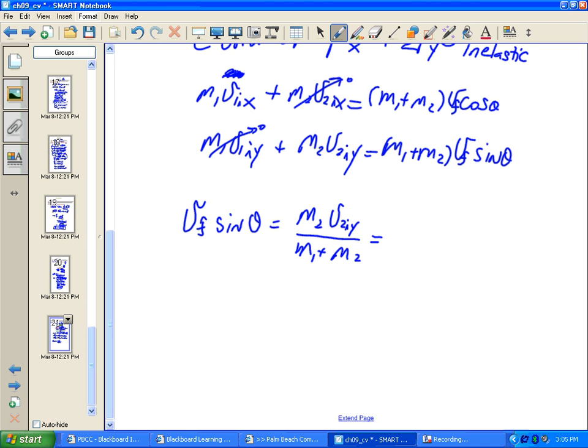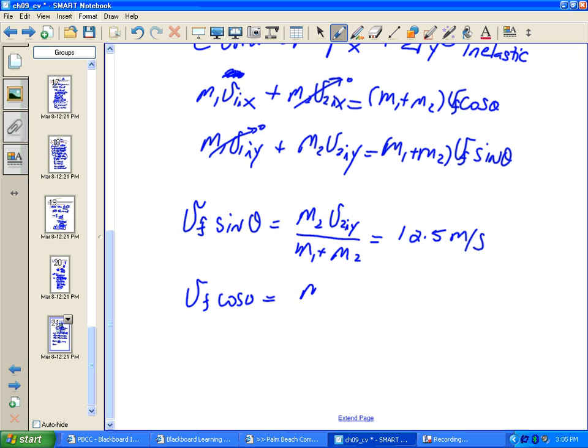Now remember, they told us M2 was 2,500 kilograms. V2 initial was 20 meters per second in the j-hat positive direction. M1 plus M2 is 4,000 kilograms. We put everything together and we get 12.5 meters per second for VF sine theta. We do the same for VF cosine theta.